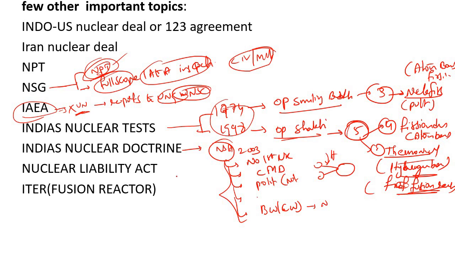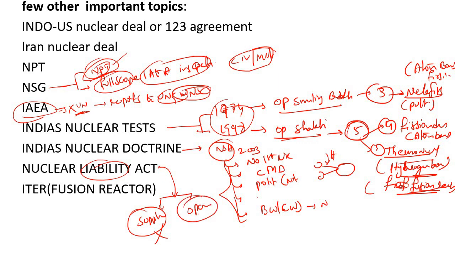Okay, and Nuclear Liability Act. So liability means if any damage occurred while operating, then who is responsible? Is it the supplier of that nuclear reactor or the operator? So Western countries don't want their supplier to be responsible, they want the operator to be responsible, as many of those Western countries are supplying nuclear reactors throughout the world, so they don't want their companies to be responsible for paying for damages.